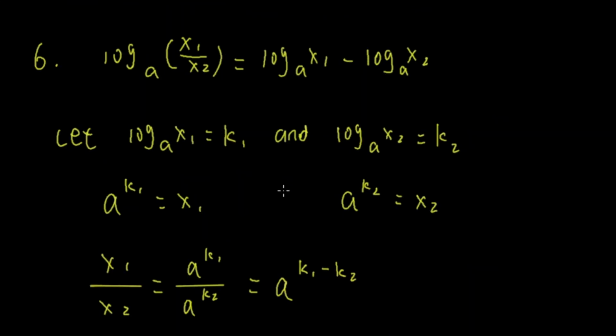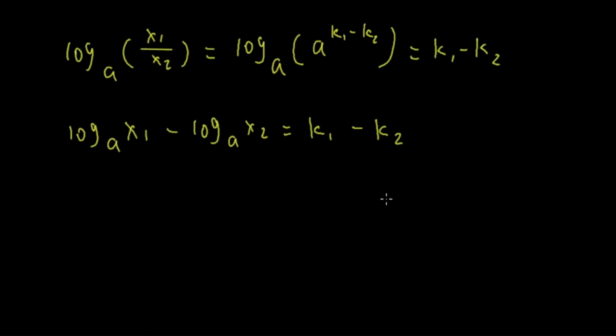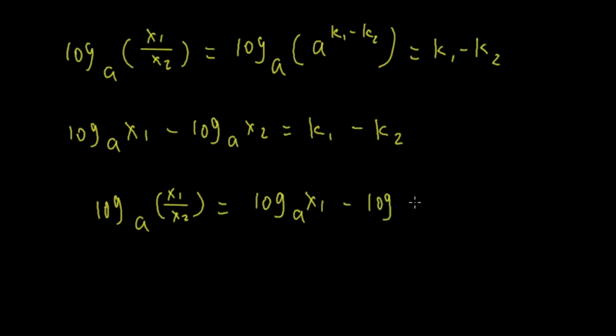This proves this property. Okay. So log x sub 1 over x sub 2 to the base a is equal to log x sub 1 to the base a minus log x sub 2 to the base a, right?